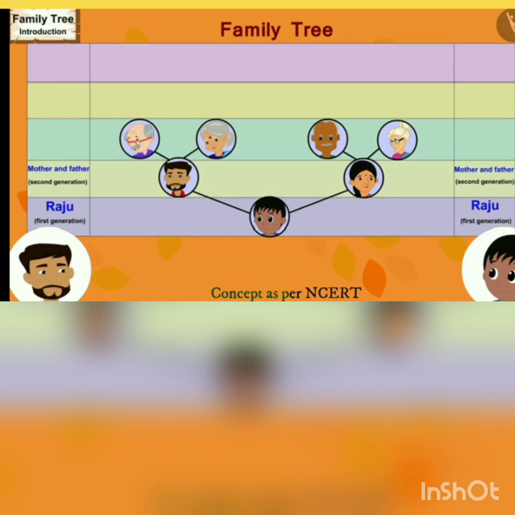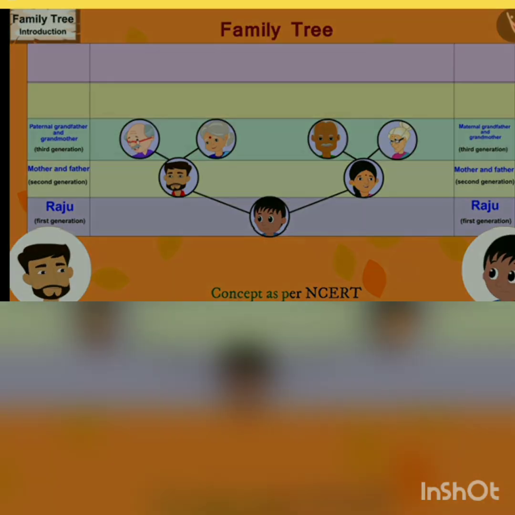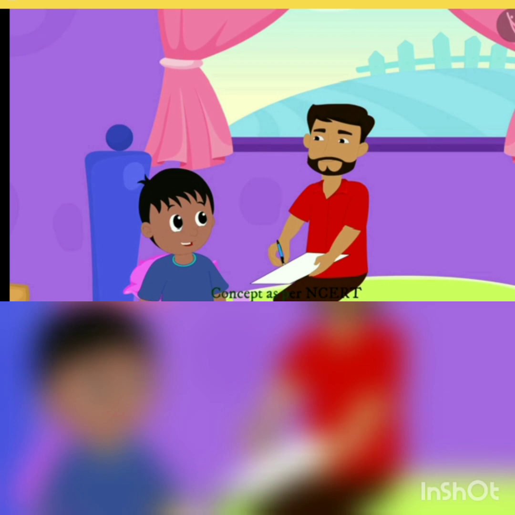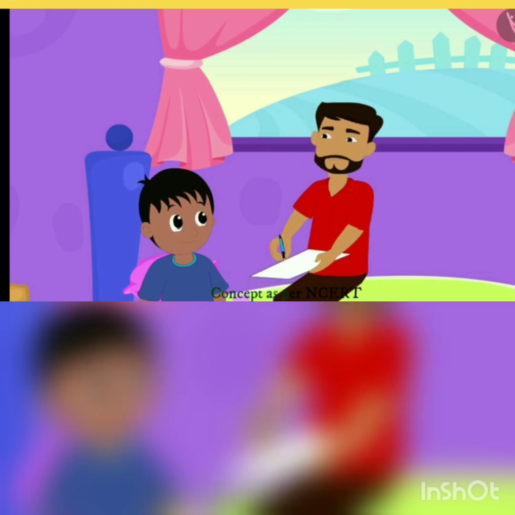That's correct, Raju. Saying this, Raju's father wrote the names of Raju's paternal grandfather and grandmother and maternal grandfather and grandmother's names. Now our family tree is complete, isn't it, Father?